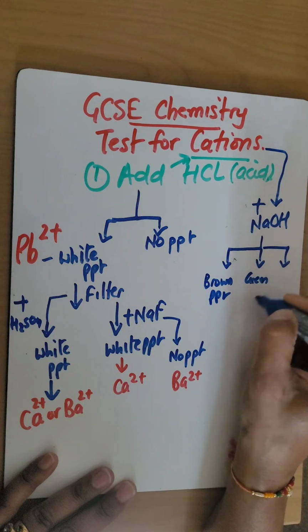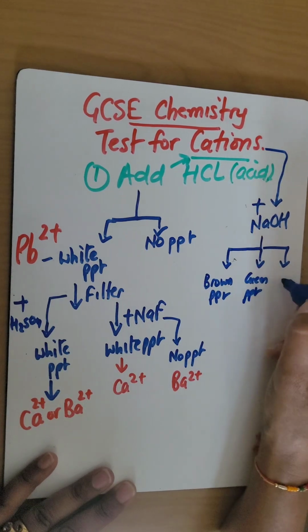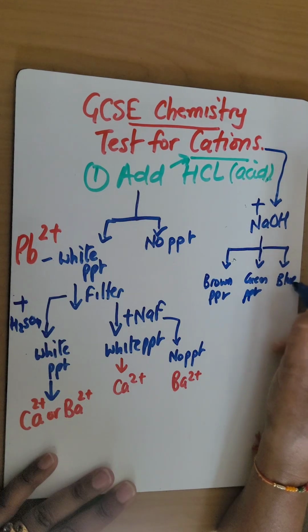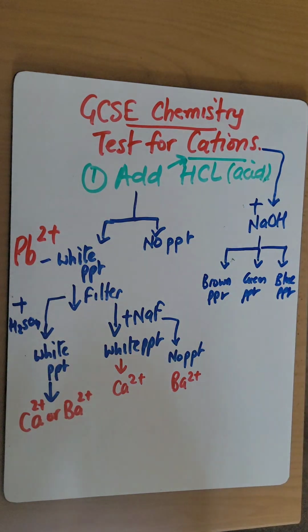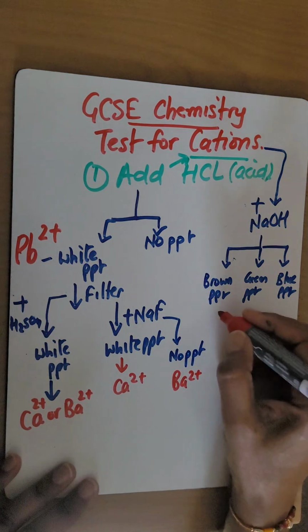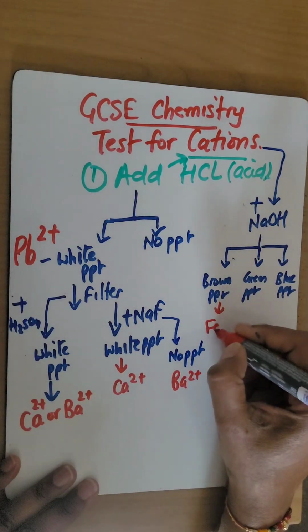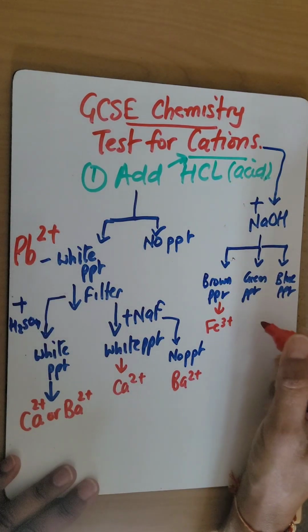green, or blue with the sodium hydroxide solution, then I know that I have formed ion 3.